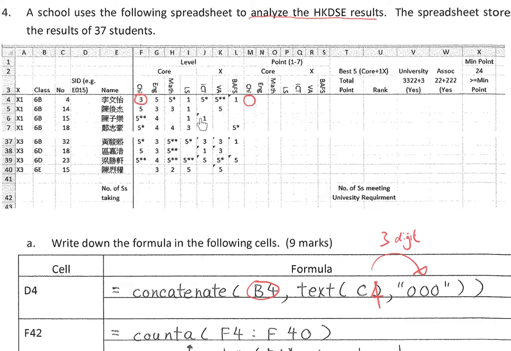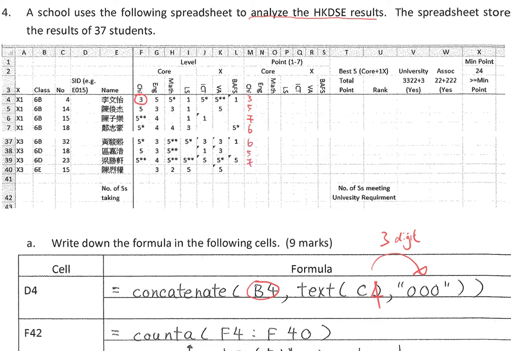However, some of them will have the level 5 star or 5 star star. For 5 star star it will show 7, 5 star will show 6, and for the others, the same value will be shown only.